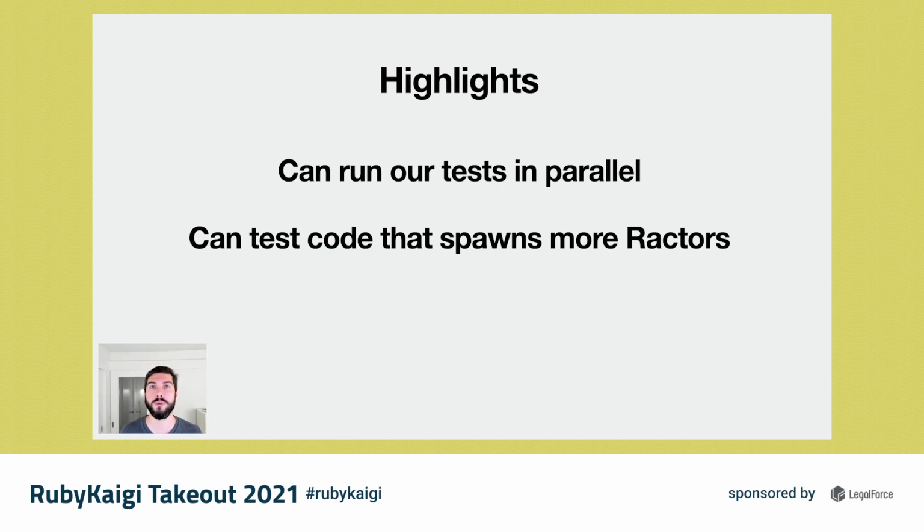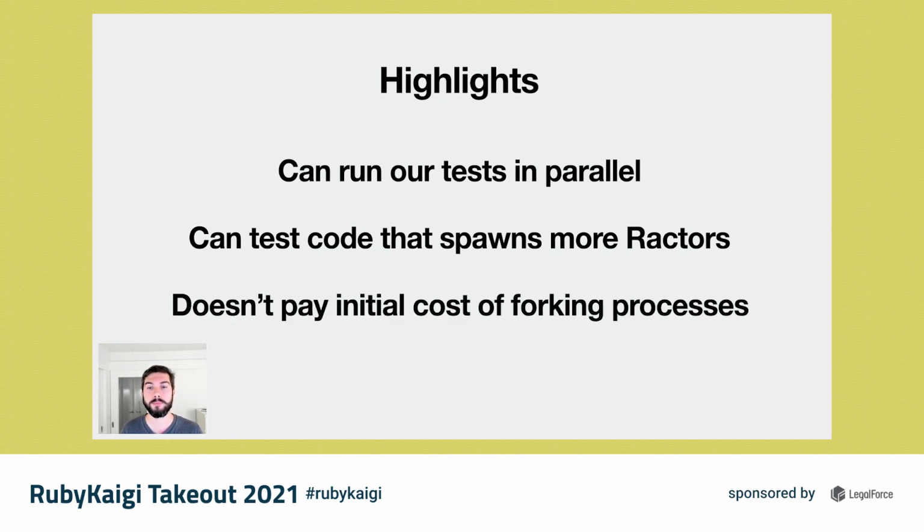So it works without any modification. And it doesn't pay the initial cost of forking processes. So perhaps for shorter-lived processes where the startup time is the biggest cost, then maybe this is a good solution. It can provide good performance benefits.